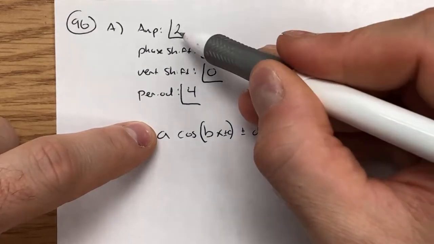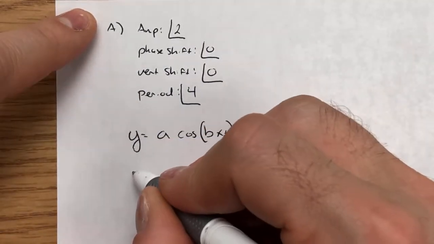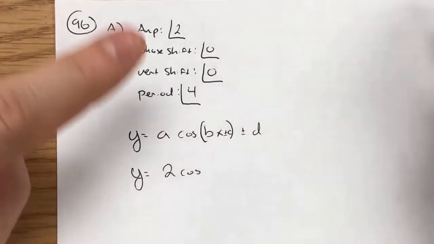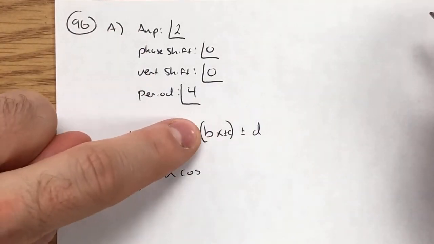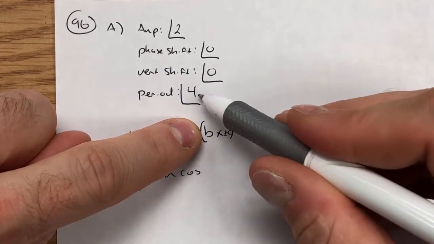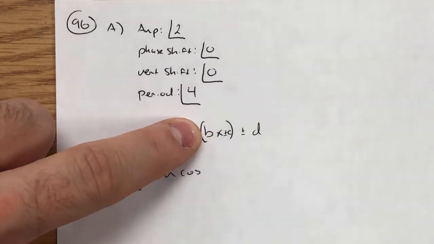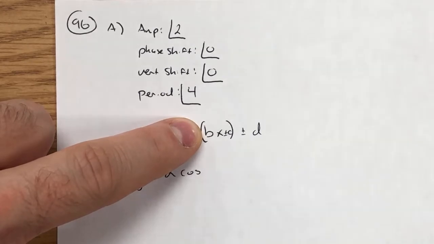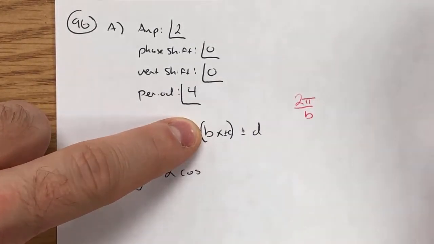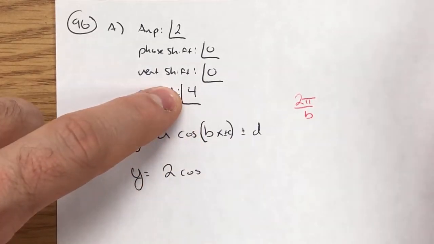A is going to be our amplitude, how far the graph moves up or down, so I know it's going to be y equals 2 cosine. The b in bx is going to be the coefficient that determines our period. So I have to do a little bit of side work to figure out what that b term is. I know 2 pi divided by b will give me the actual period.